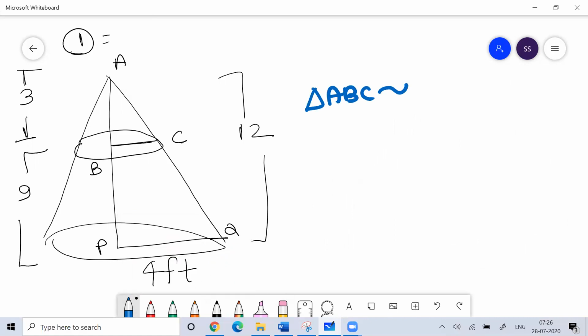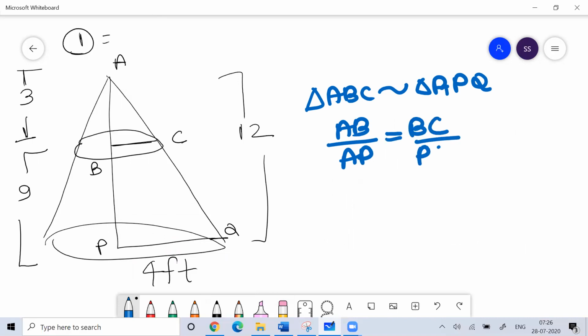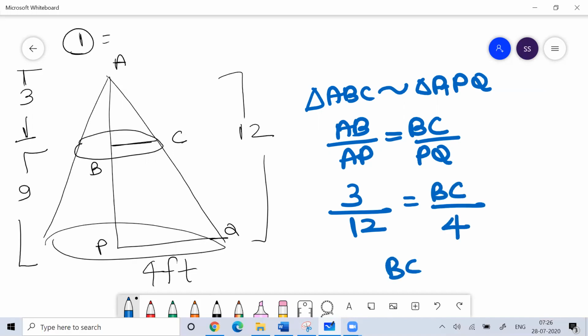So with this, I can say AB by AP will be equal to BC by PQ. AB is 3 and AP is 12, BC we don't know, PQ is 4. So with this I can say BC is equal to 1 feet.